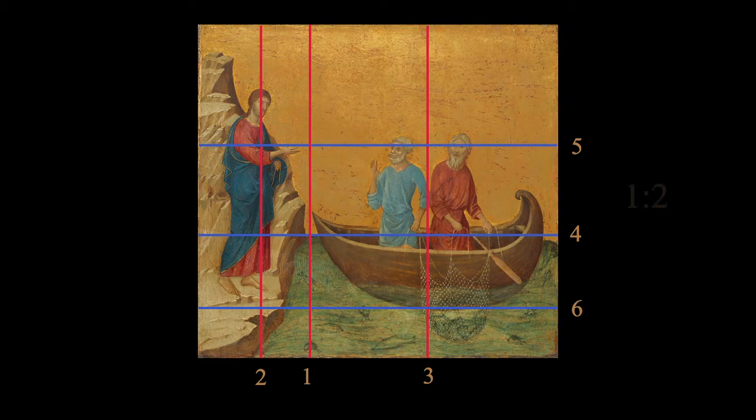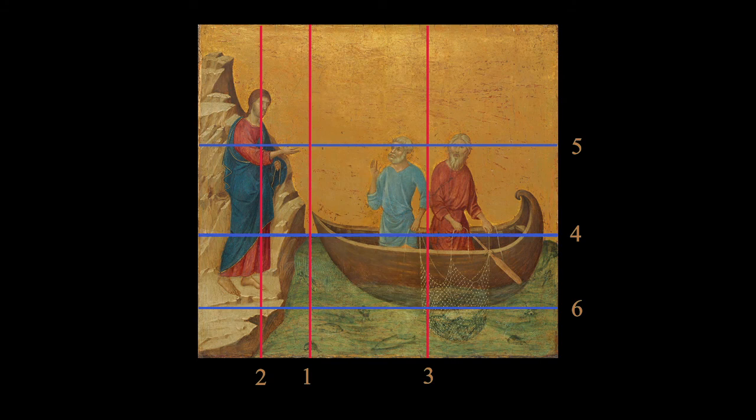The space has a ratio of 1 to 2, dividing the picture plane horizontally 1/3 to 2/3. Line 2, congruent with the vertical axis of the figure of Christ, divides the left space at the mean extreme ratio. Line 3, positioned between the apostles, divides the right space into two equal portions symmetrically.